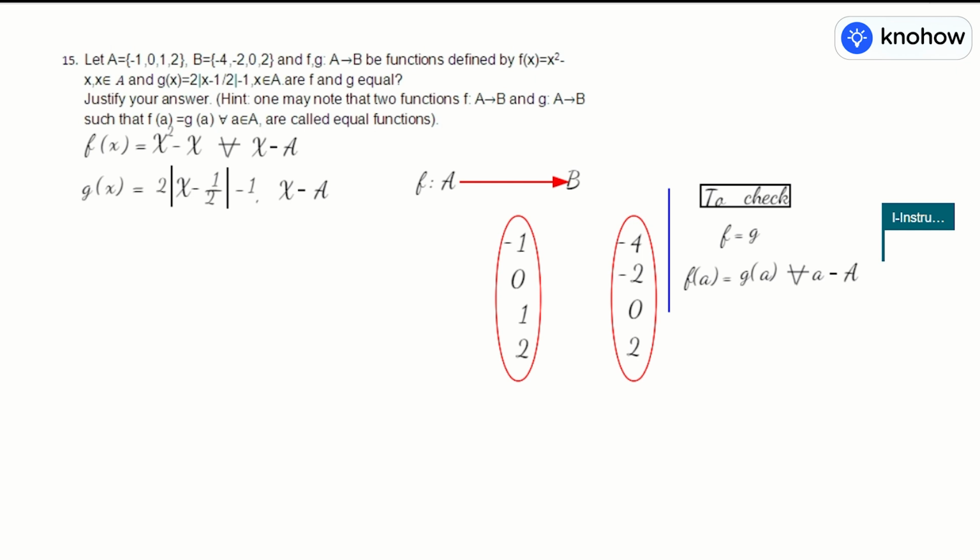So let me see with the help of a Venn diagram, first of all, the correspondence under function f.